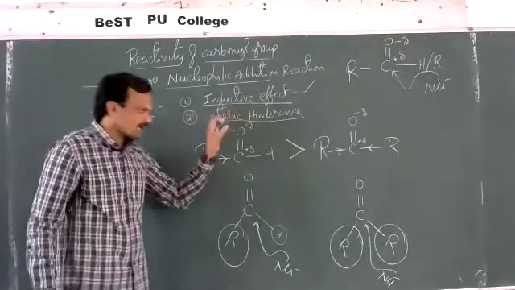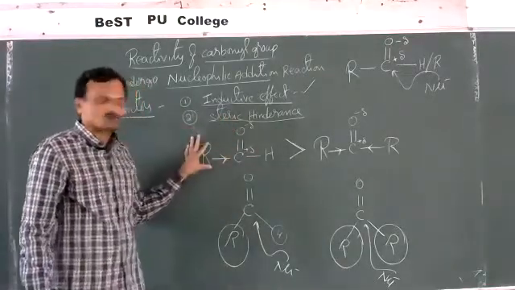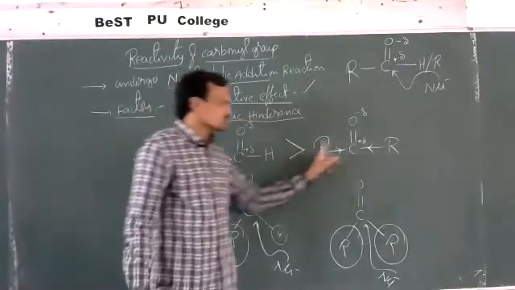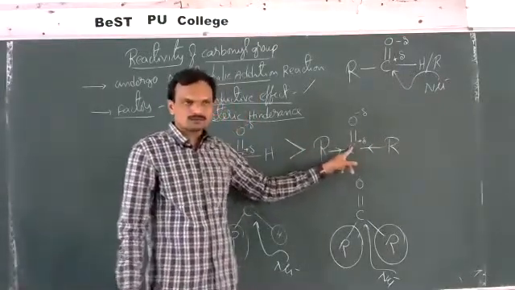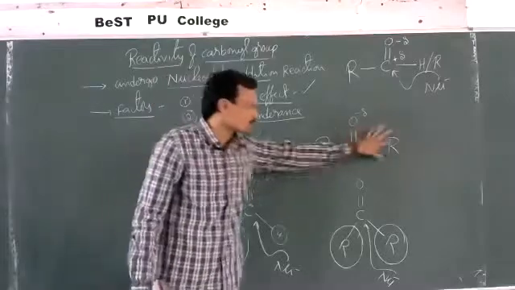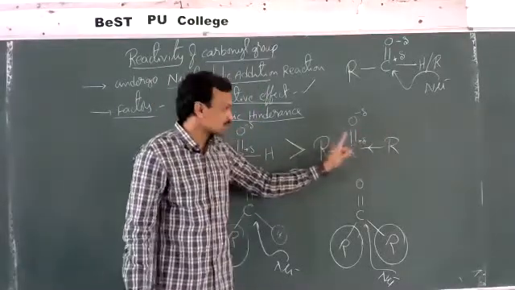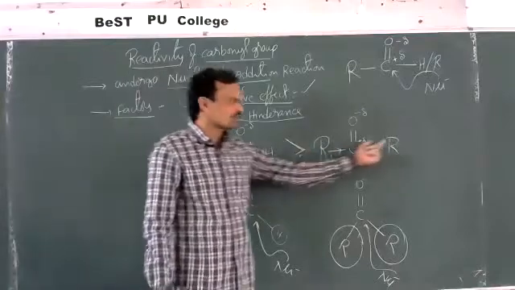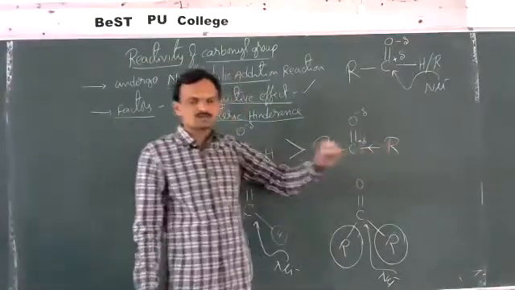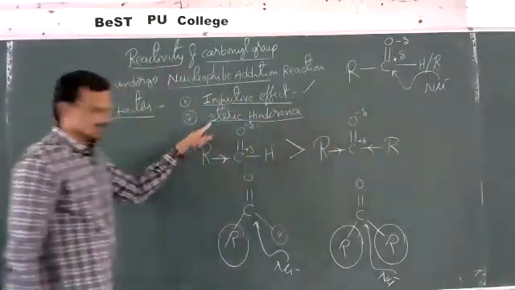So in aldehydes only one alkyl group is there, whereas in ketones two alkyl groups are present on the carbonyl carbon. That means two bulky groups are present on the carbon. That means this carbonyl carbon is hindered by these alkyl groups. That is what is known as steric hindrance.